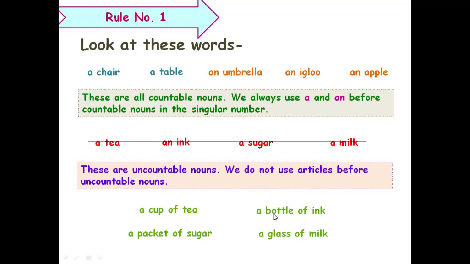I can say a bottle of ink because bottle is countable. I can say a packet of sugar because packet is countable. And a glass of milk because glass is also countable. So please remember, whenever you have uncountable nouns, you have to use a countable word before it so that you can use an article. If you cannot do that, you will not use any article in that place.